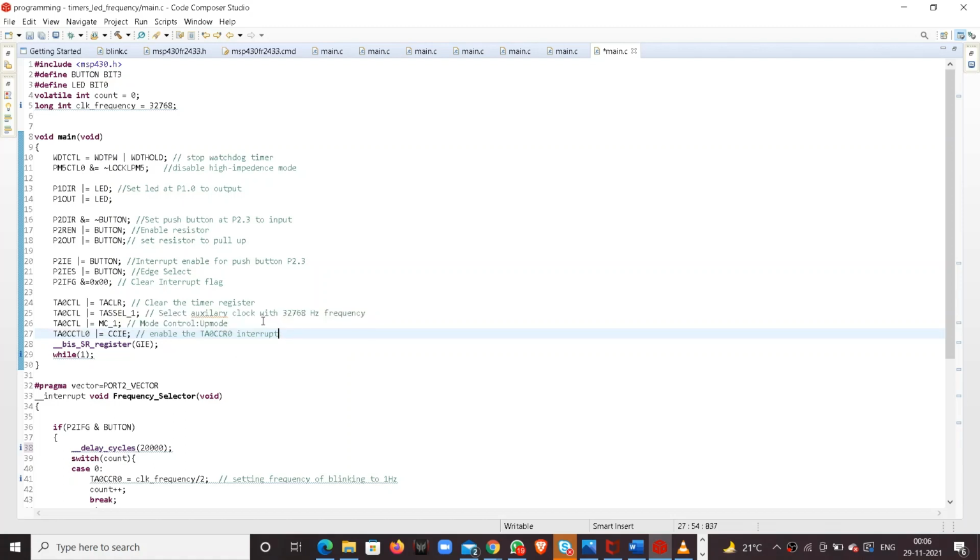In the next command, I have set up the auxiliary clock with a frequency of 32768 Hz. Here we are operating the clock in up mode. That means whenever the count of the counter reaches a certain value, the timer will reset to 0.